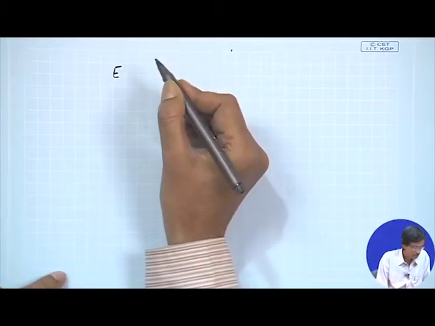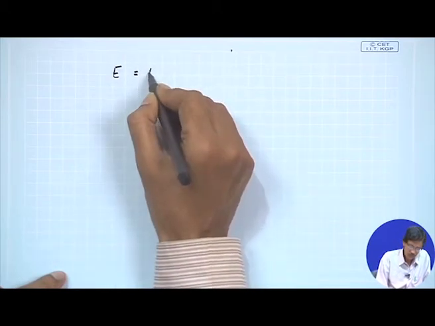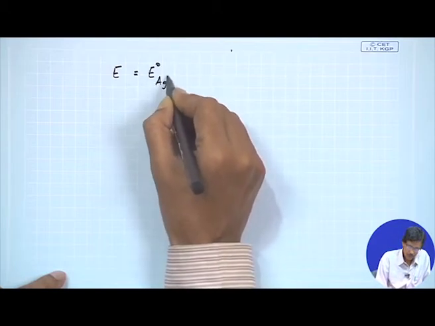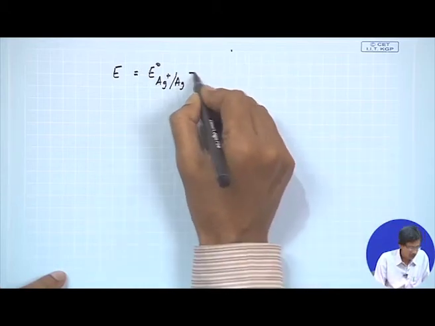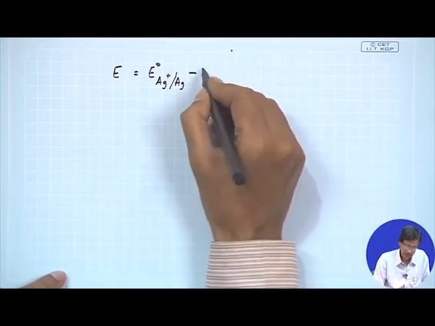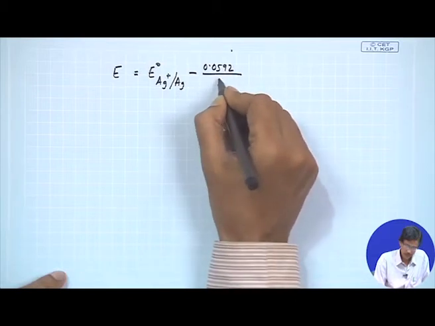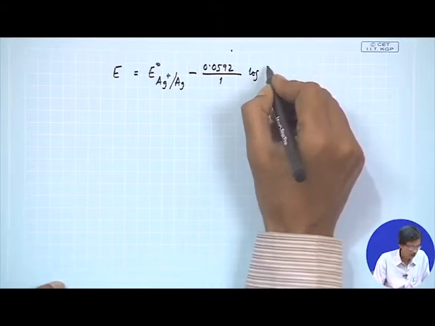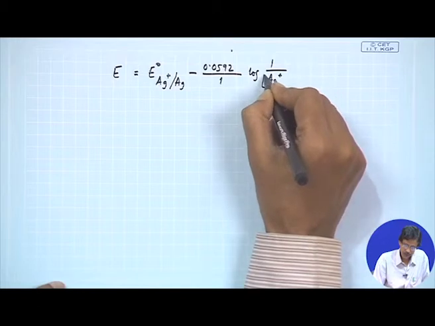So, if we consider the E0 values for silver ion to silver, then as we have seen earlier, that is 0.0592 divided by 1 and log of 1 by the silver ion concentration.